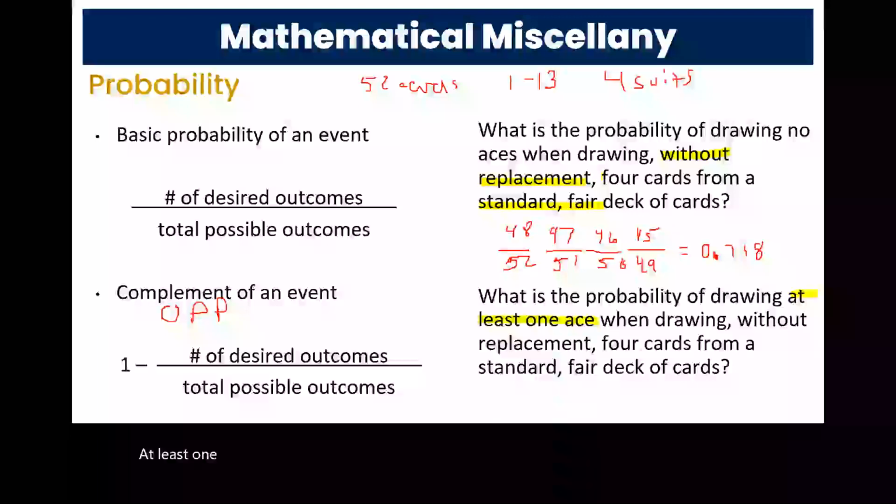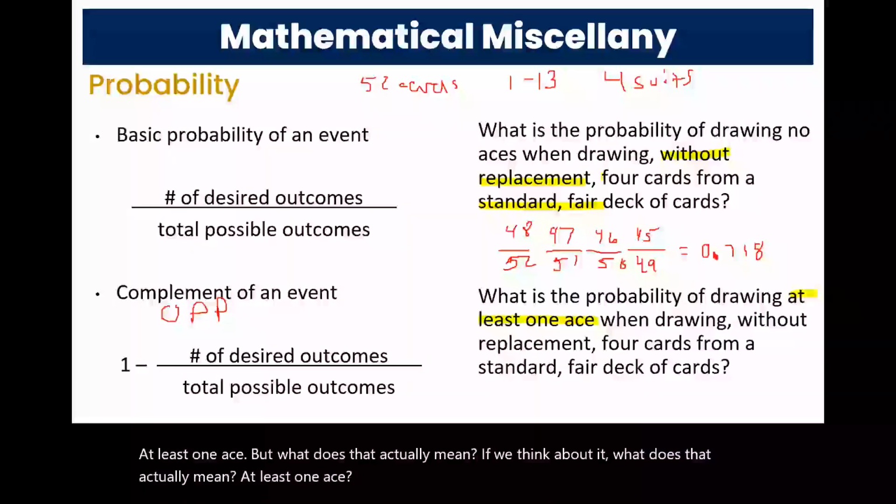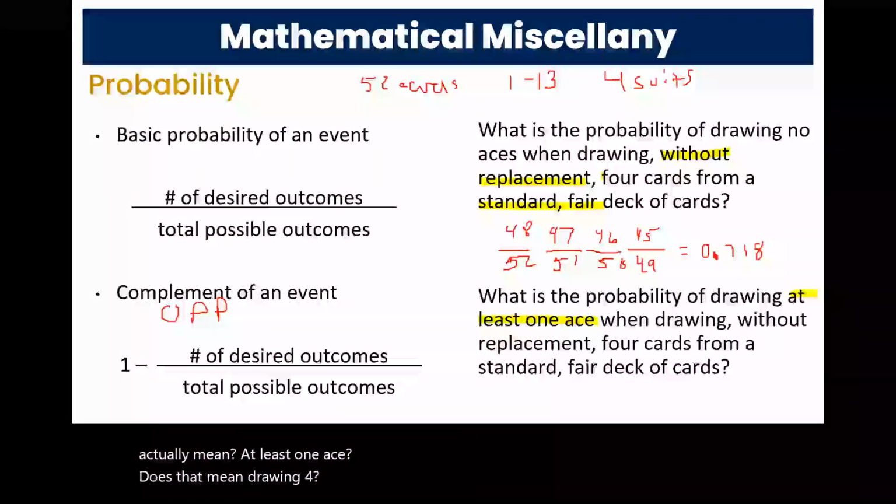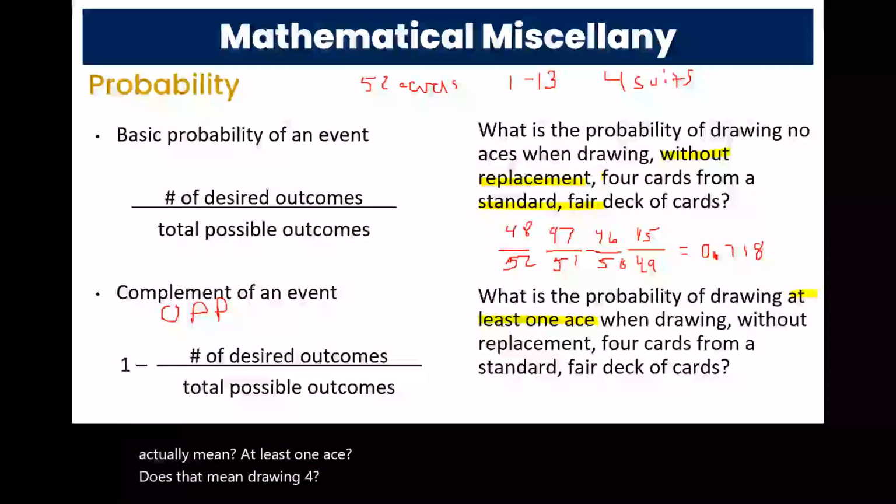But what does that actually mean if we think about it? What does that actually mean, at least one ace? Does that mean drawing 4? Oh, it does. Drawing 4 is at least 1.